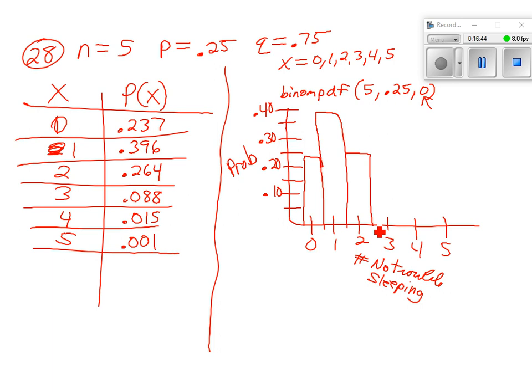About 9%, so a little less than 10. 1.5%, so I'll probably take off points if you make this one way too small or too big, right? I'm not going to be able to tell. And then the last one, not even 1%, so you might just do something real small right there.